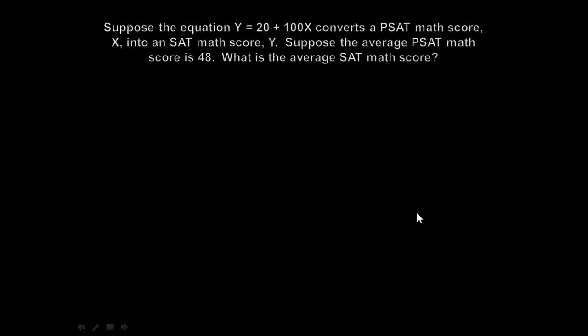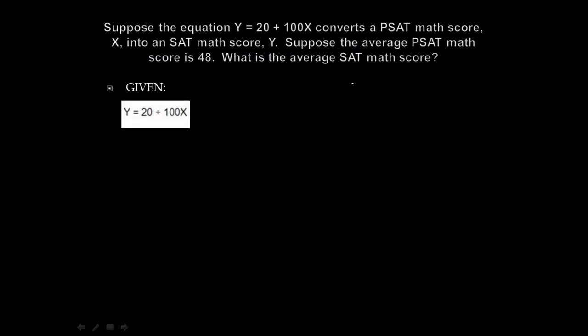Now let's proceed with the first example, for the discrete probability. Suppose the equation y is equal to 20 plus 100 of x converts a PSAT math score x into an SAT math score y. Suppose the average PSAT math score is 48. What is the average SAT math score?